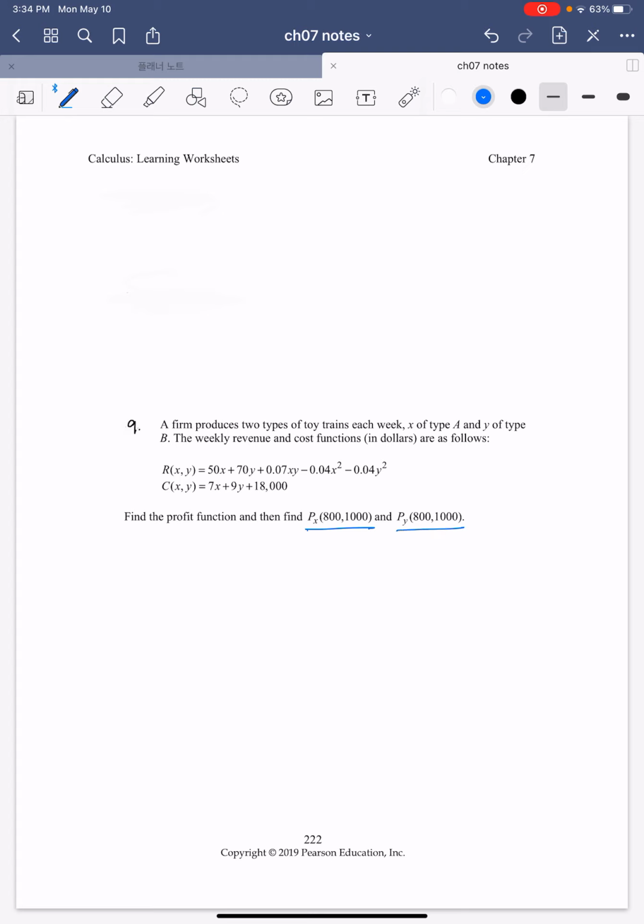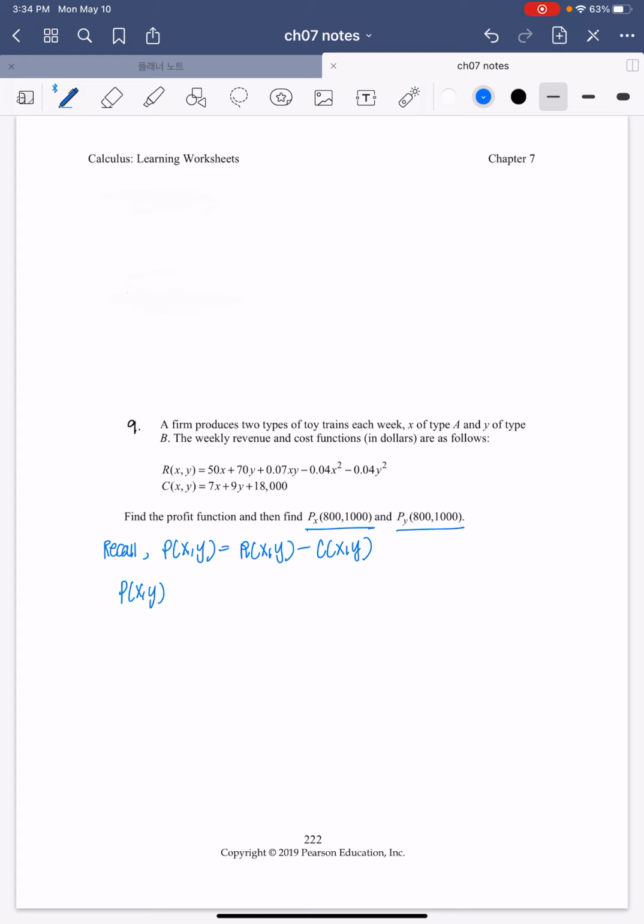800, 1000. So first our job is to find the profit and recall from chapter 2, profit function is basically the revenue function minus the cost function. That will show you the pure profit. So let's first begin finding the profit function.